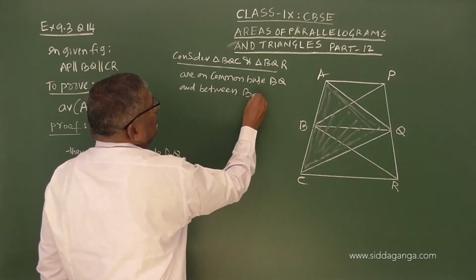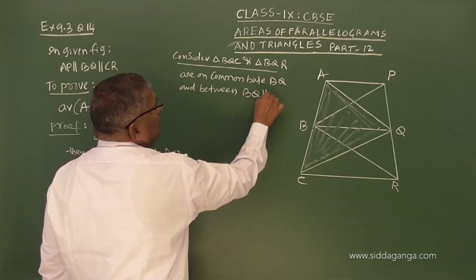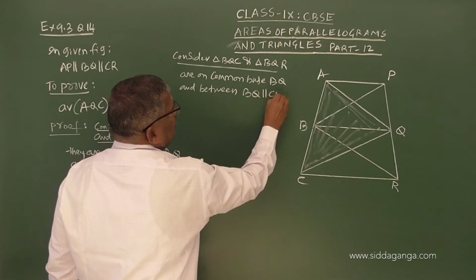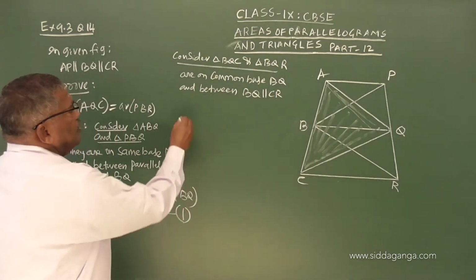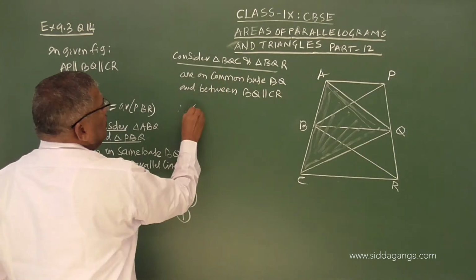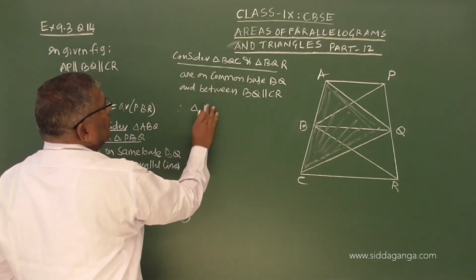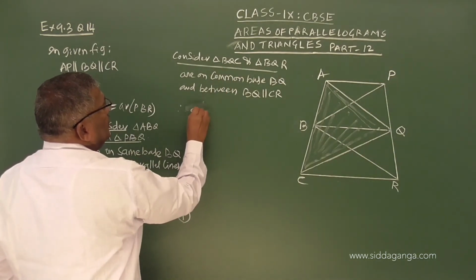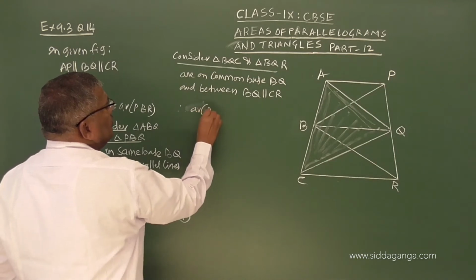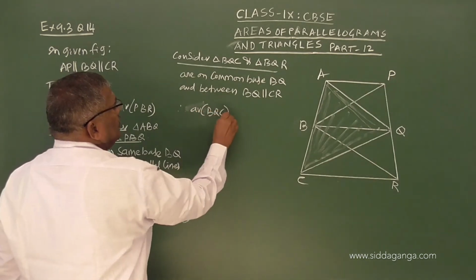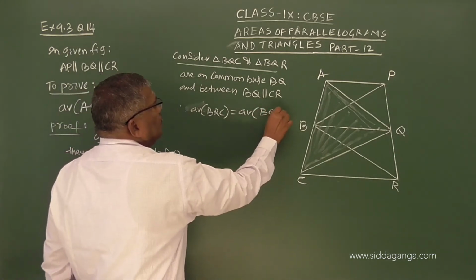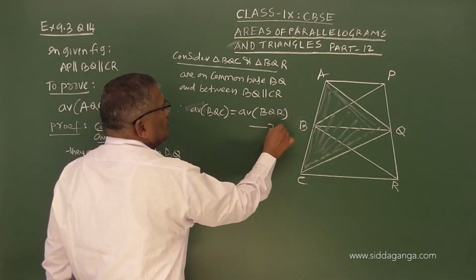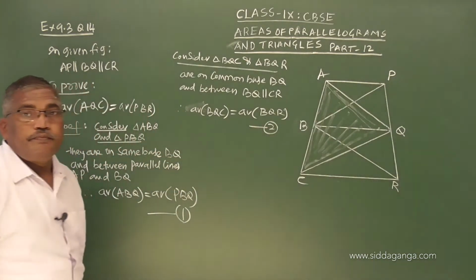So between these two parallel lines, their areas are equal. Therefore, area BQC is equal to area BQR. We call this equation 2.